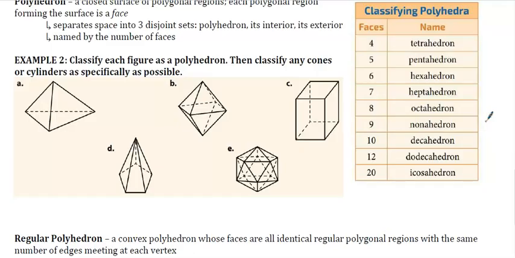So let's look at A. In order to classify it, we need to know the number of faces that it has. Okay, so if we look at this one, the base is down here. So I'm going to kind of shade the base for us. Hopefully that'll help you see it. So we have a base that's a triangle, and so then we should have 3 more faces, right?